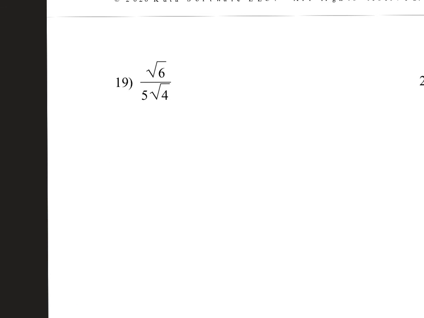This time we have a square root on the bottom. So what I'm going to do is multiply the top and the bottom by only the radical 4, because I don't really want to deal with the 5. So that's radical 6 times 4 is 24 over 5 radical 16.